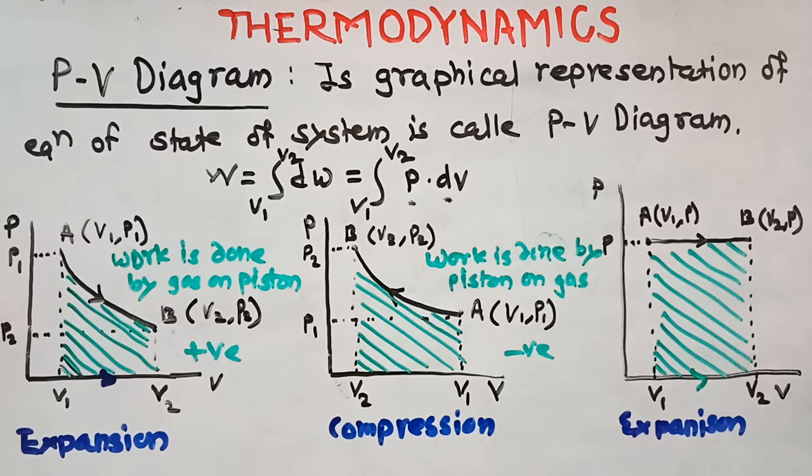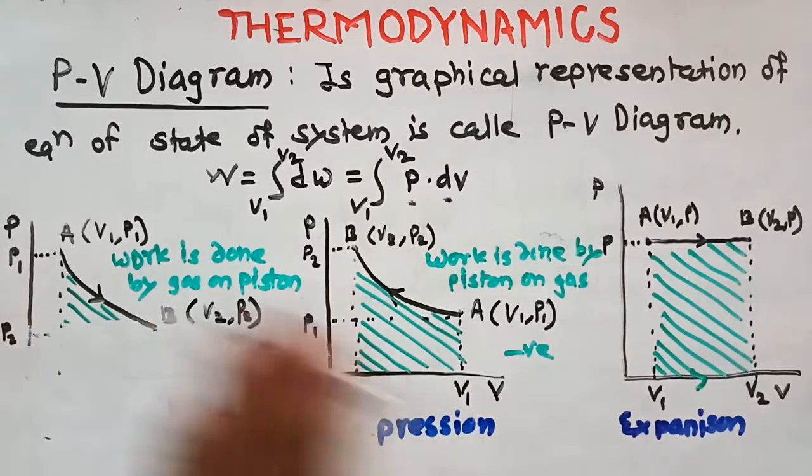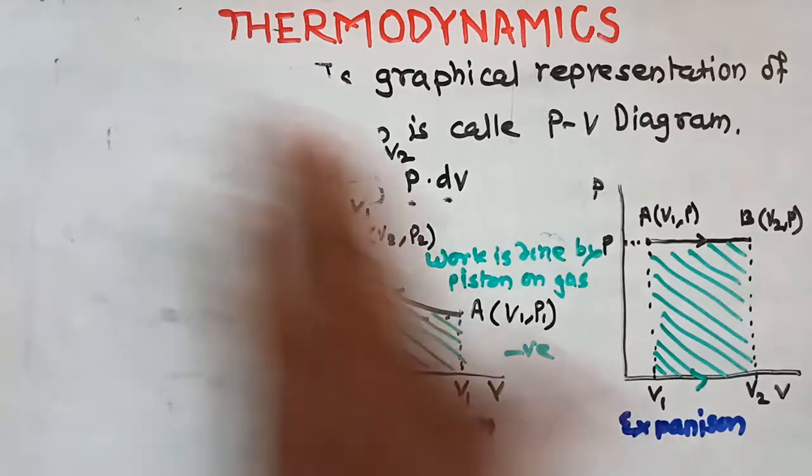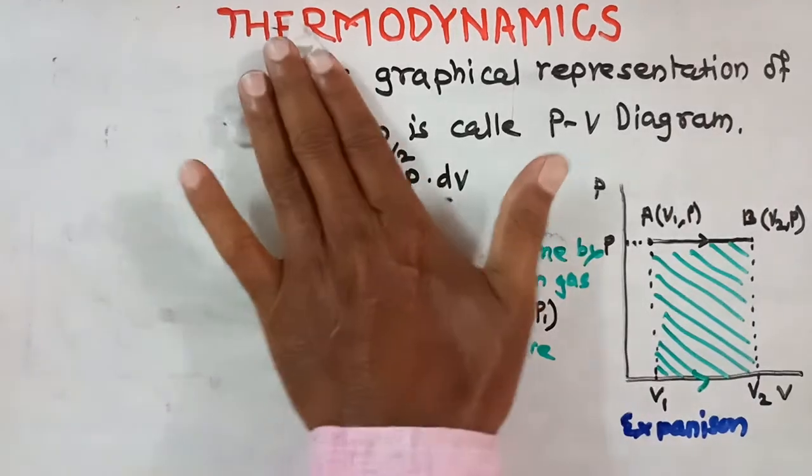I think you know something about this PV diagram, and now let us see the next point, that is the work done during a thermodynamic process.